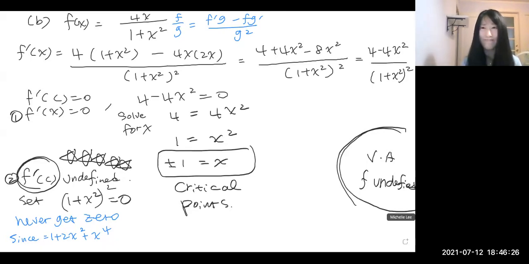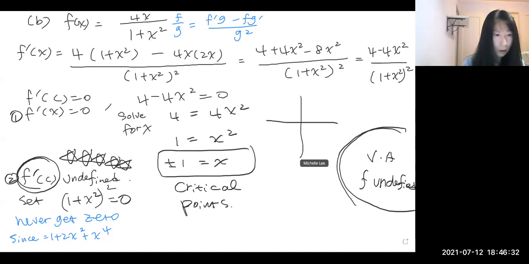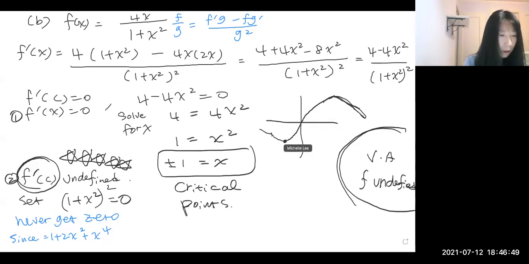Okay. All right. So this is the graph. It looks like that. This is like this. So it's a little bit smooth, so you don't consider this as a corner. So this is a local minimum.